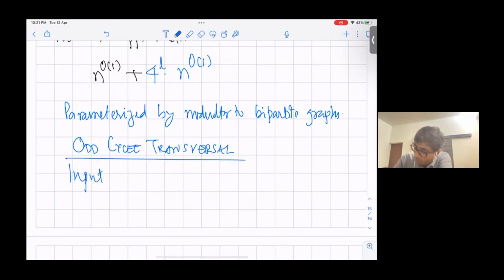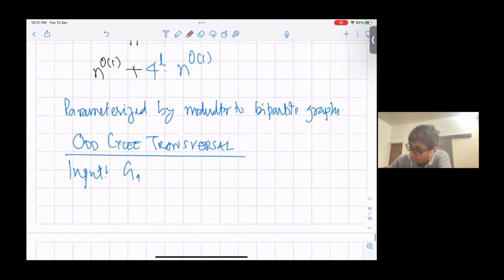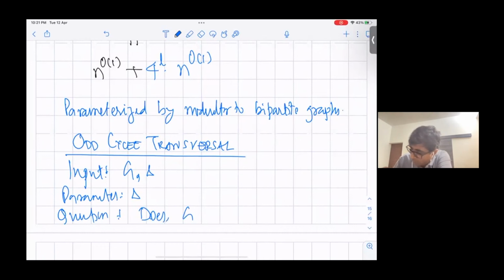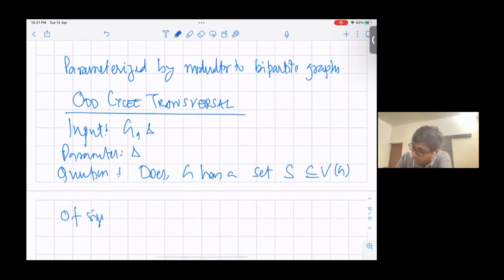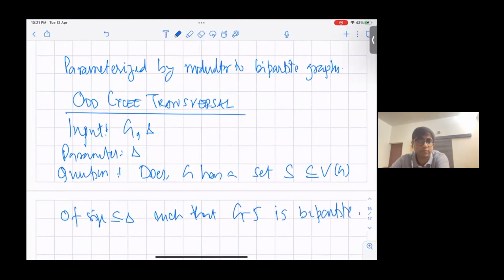So the input is G and S, my parameter is S. And the question is, does G have a set S subset of V(G) of size at most S such that G minus S is bipartite? Is that fine?